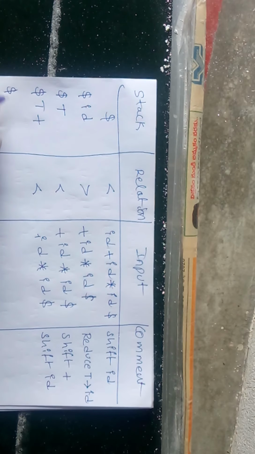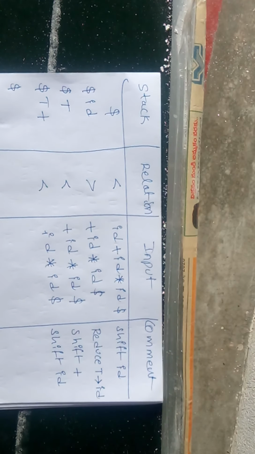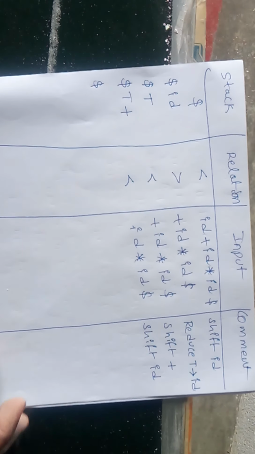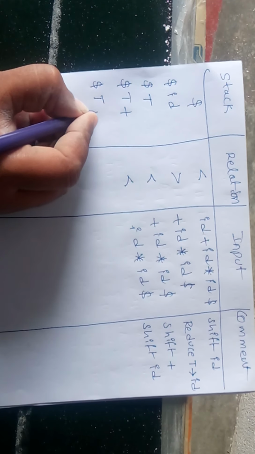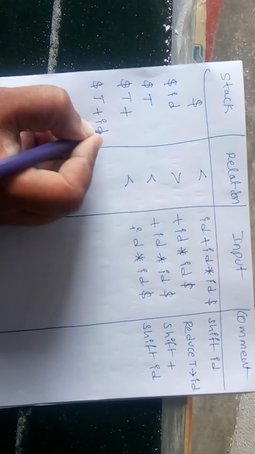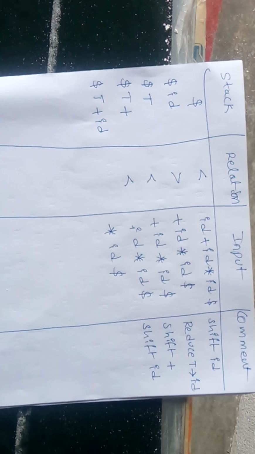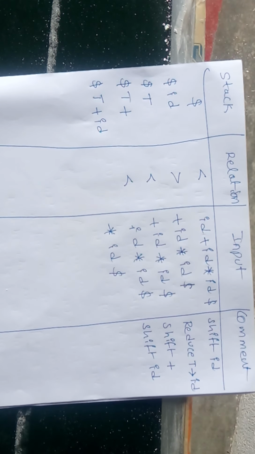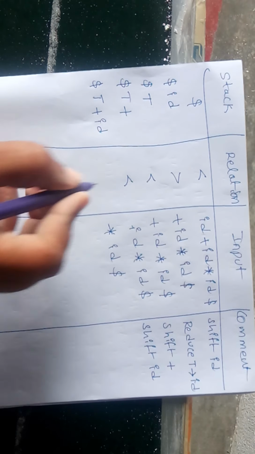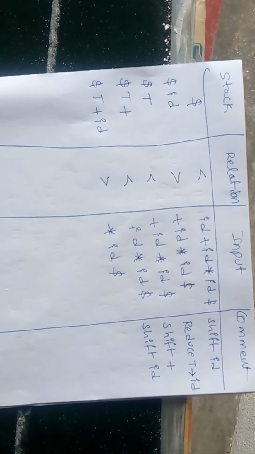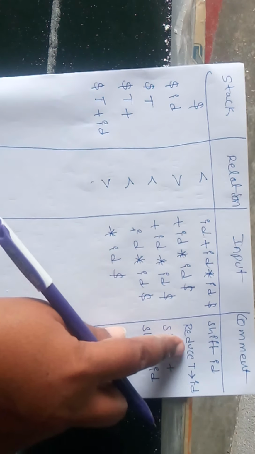Again: dollar T plus id, and here star id dollar. Next, id with the star: then id gets high precedence, and we write like this. Then whenever we get this symbol, we have to reduce.